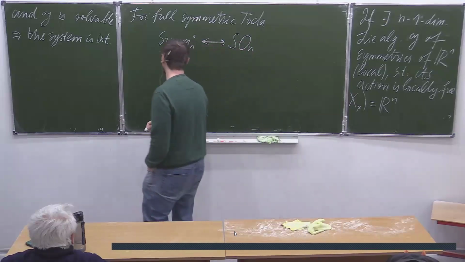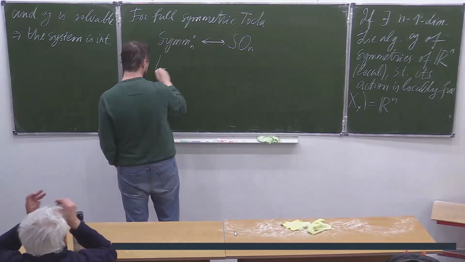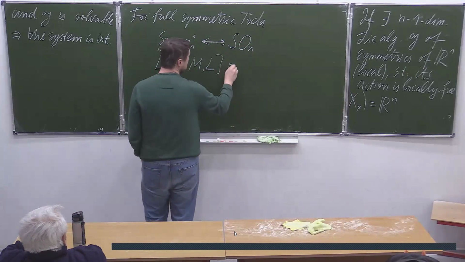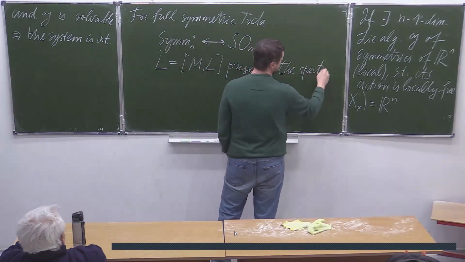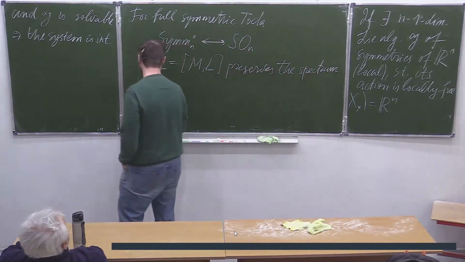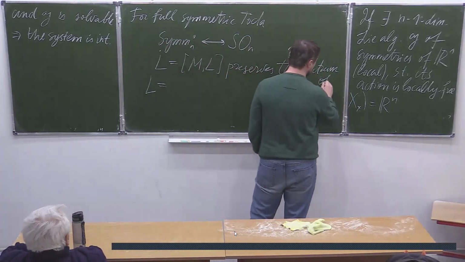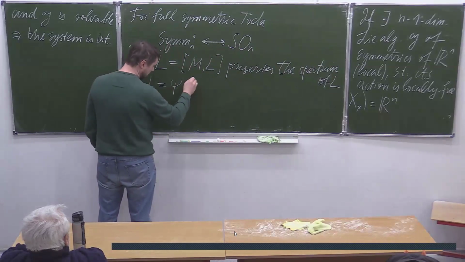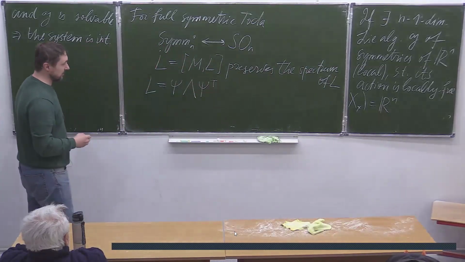Namely, it is clear that the evolution of my system preserves the spectrum of L. So let us choose a spectrum of L. Let us choose an orthogonal matrix psi and a diagonal matrix lambda, such that L decomposes into such a product.